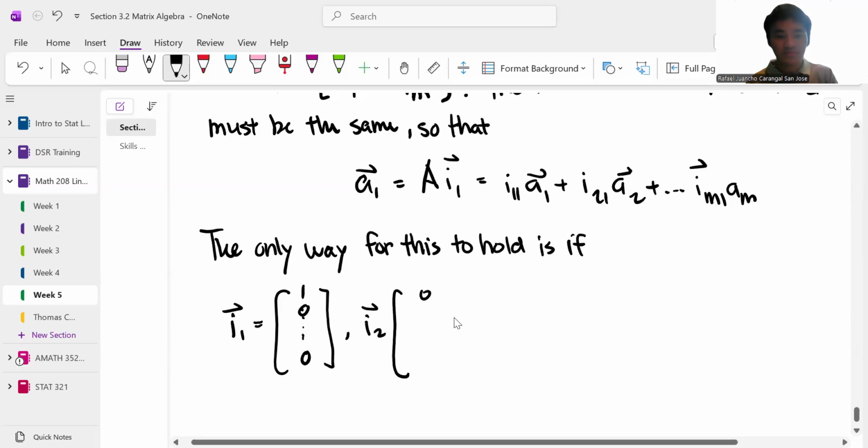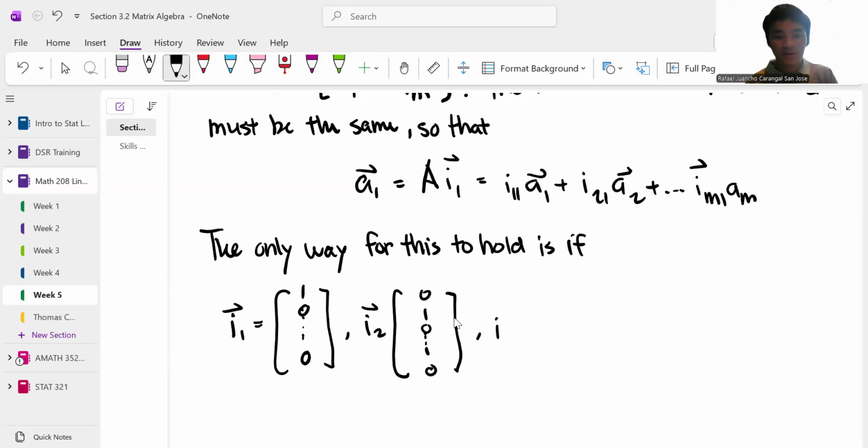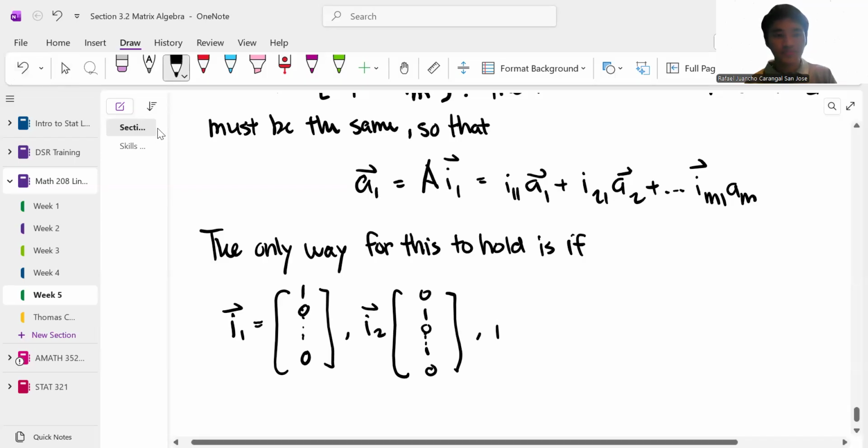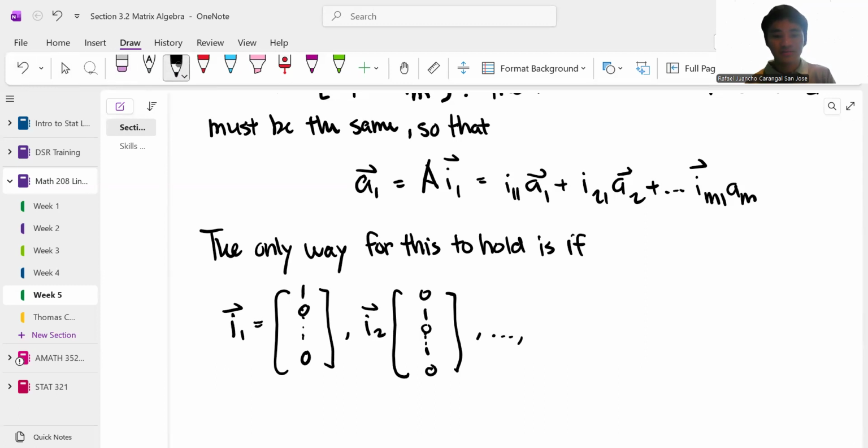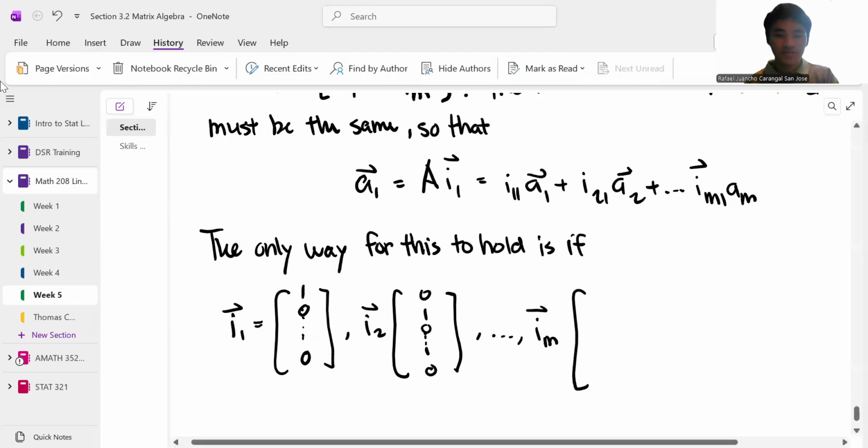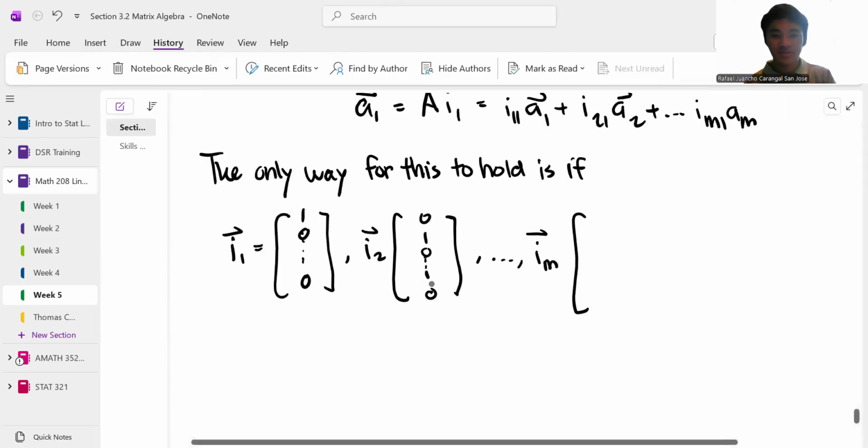I2 is 0, 1, 0. Then we keep going all the way to the end, right? So it's kind of like we're moving the ones wherever this ith position is.